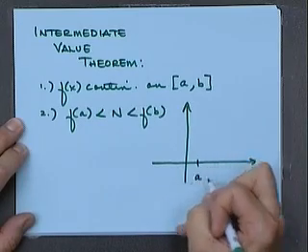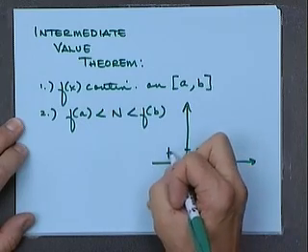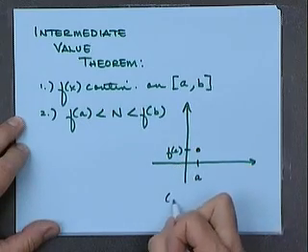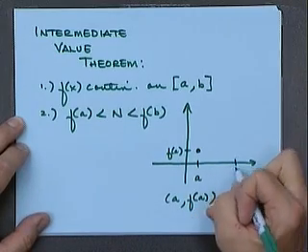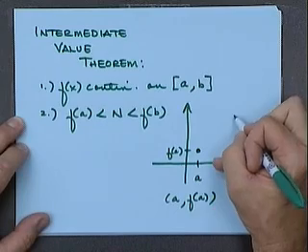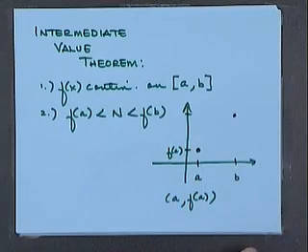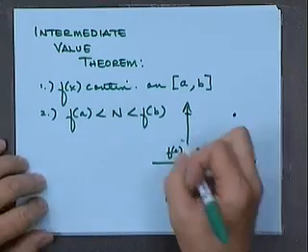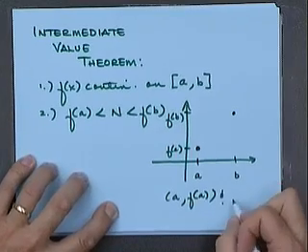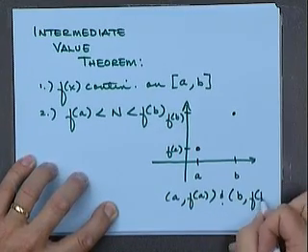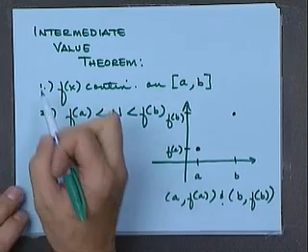We've got a point over here at A, f of A. And we've got another value over here, B. And again, it doesn't have to be true that f of B is above, but it does have to be true that we're dealing with some other point B, f of B, and it's got to be continuous.